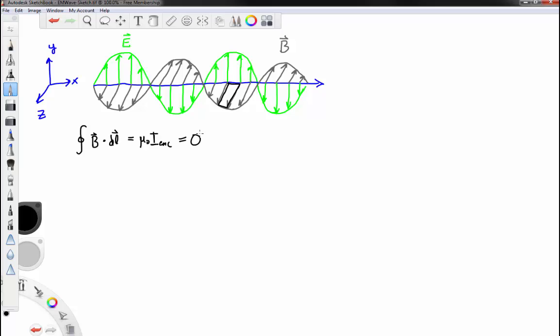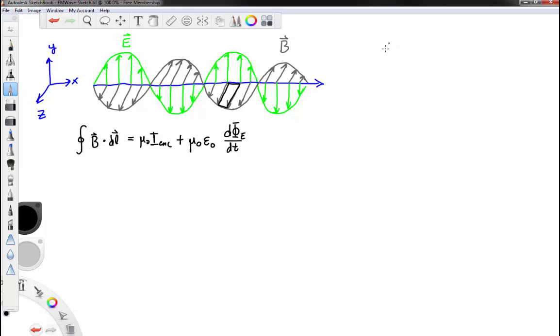Okay, well, what if we don't have just Ampere's equation? Well, the Maxwell addition to Ampere's equation says that in addition to the conduction current, we need to have our displacement current, mu naught epsilon naught times d phi E over dt. d phi E by dt is the derivative of the E field flux with respect to time.